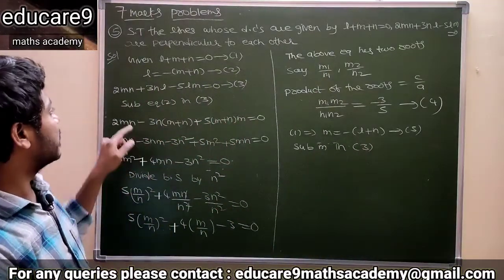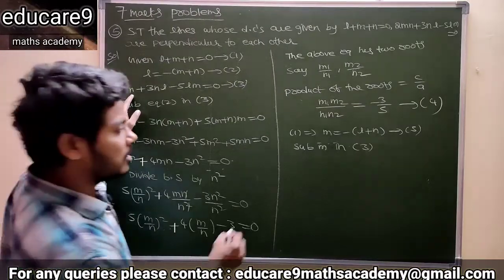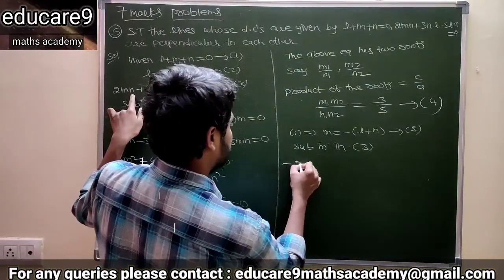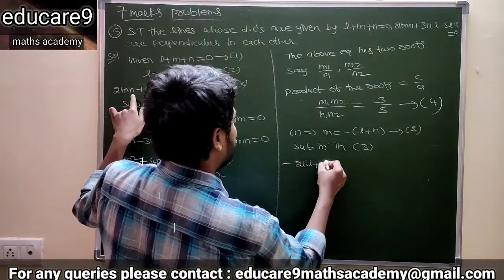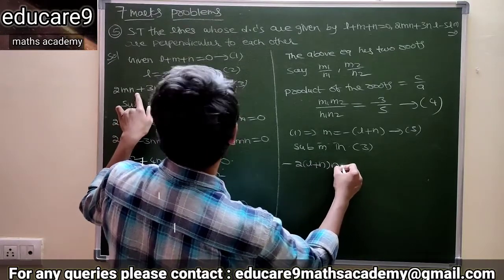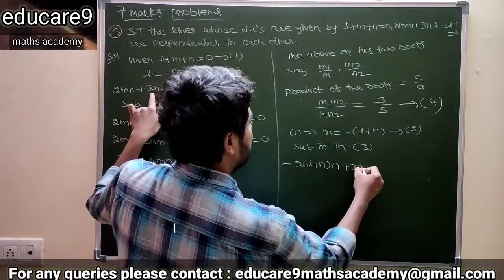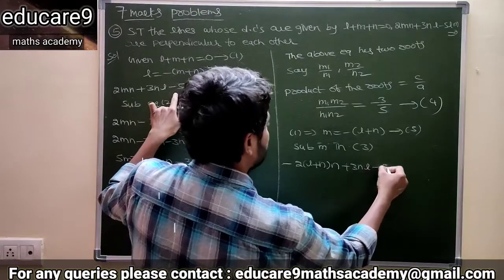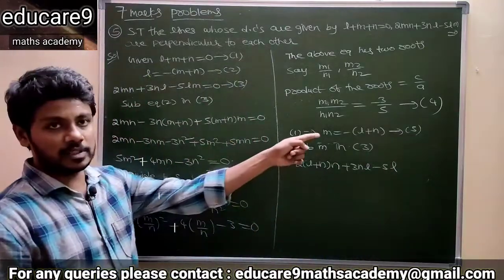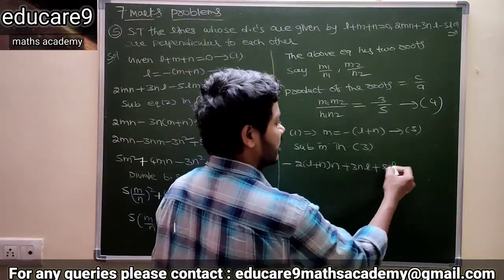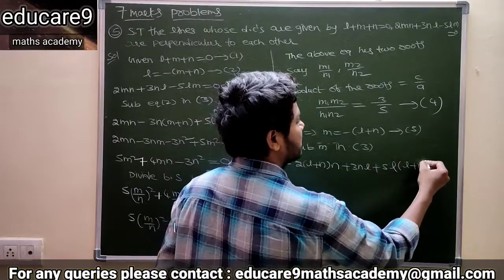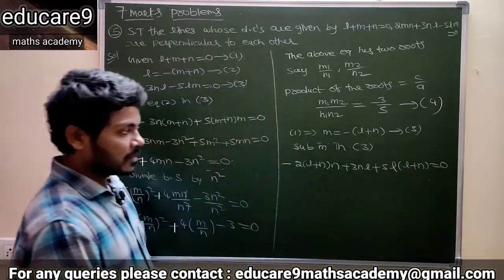So here, what do you get? 2mn, that means -2(l + n) into n + 3nl - 5l into m, m is what, we get plus 5l(l + n) = 0.